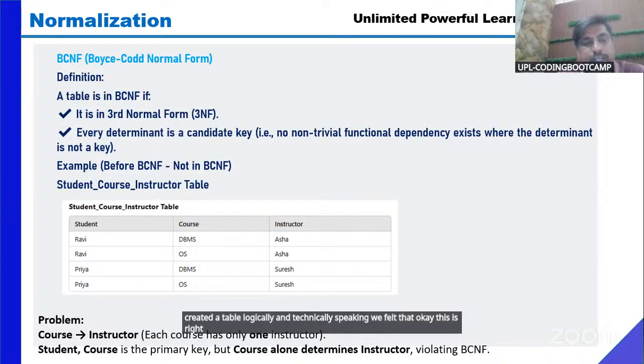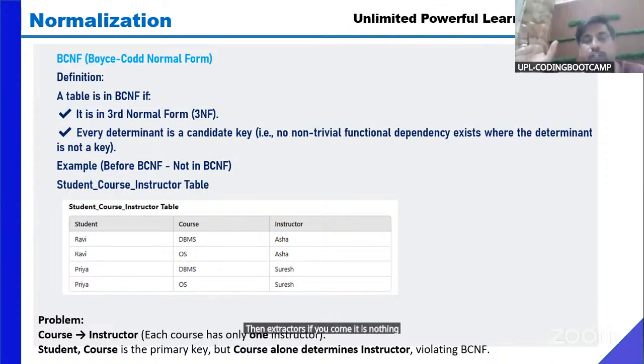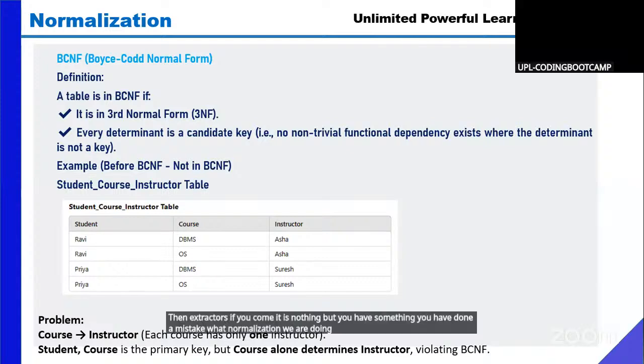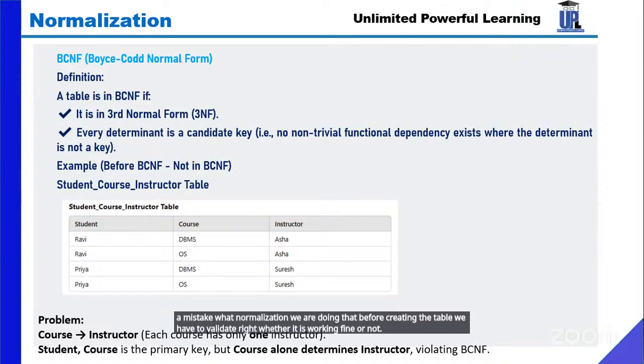But when we combine, we are getting extra records. Then extra records mean you have made a mistake. Whatever normalization we are doing, before creating the table we have to validate whether it is working fine or not.